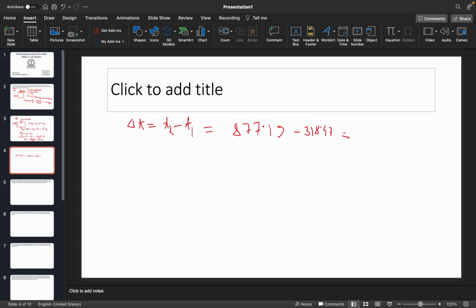So 877.19 minus 318.47, you will require 558.72 more seconds to fill when there is a hole.